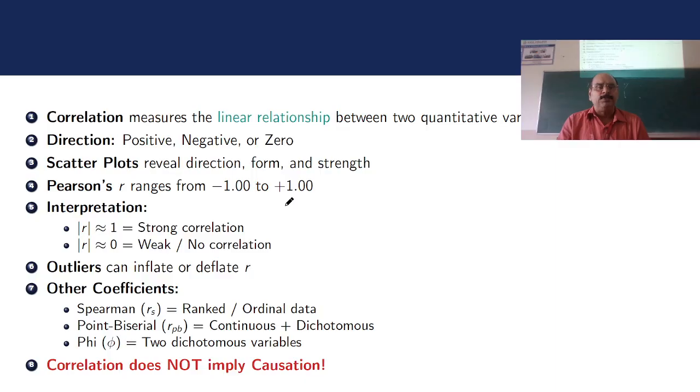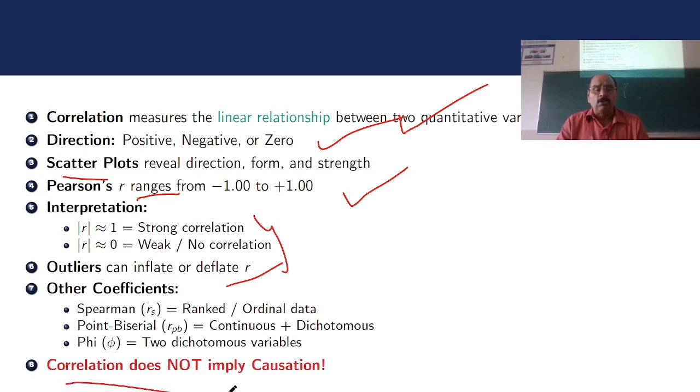As far as the theoretical part is concerned, today we have understood what a correlation coefficient is, the directions of correlation coefficients, scatter plots, how to interpret Pearson's coefficient, and what happens with outliers.